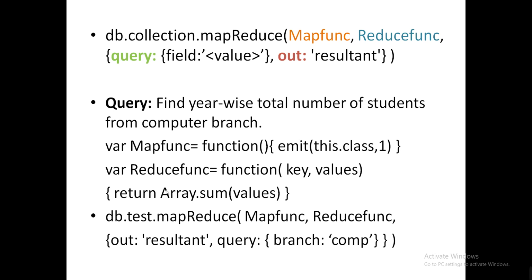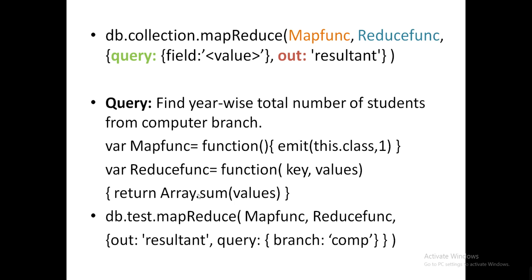Next, we will have the return statement in our reduce function. What it is going to do is simply sum up the values which we have in this array, right?